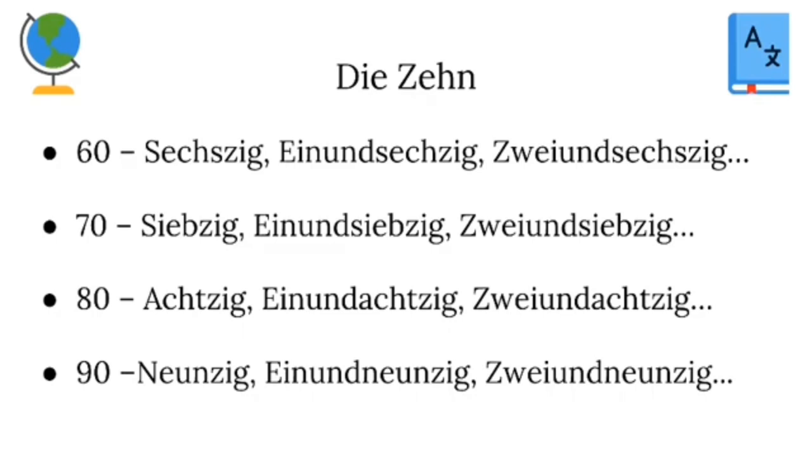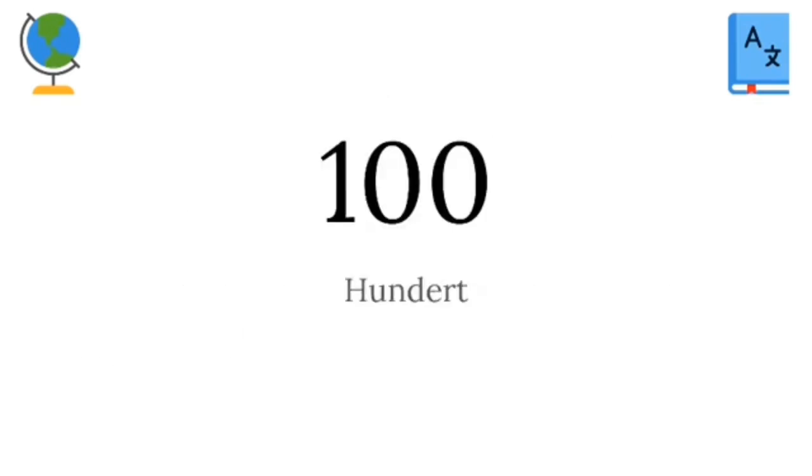So together it's Siebzig. 71, 72. 80 is Achtzig. 81, 82. 90 is Neunzig. Then comes 91. 92. 100 is Hundert.